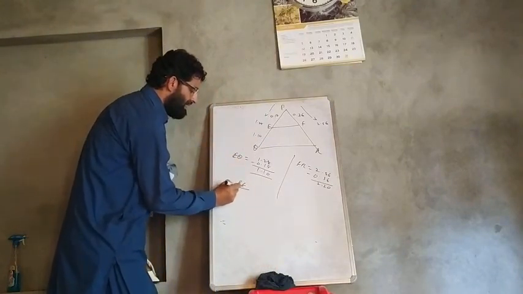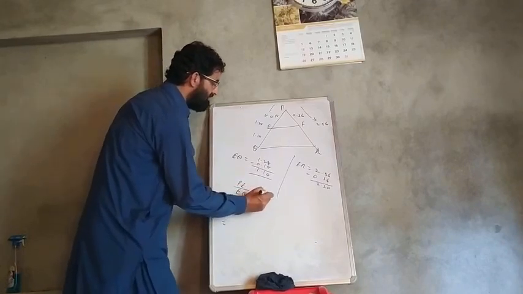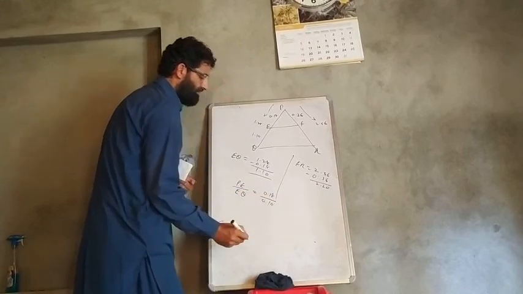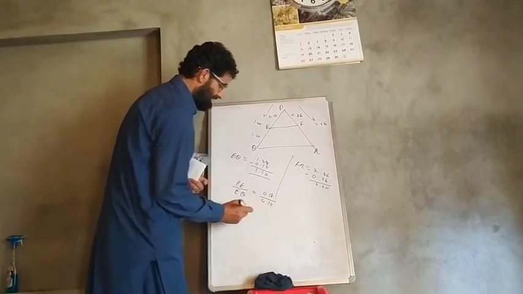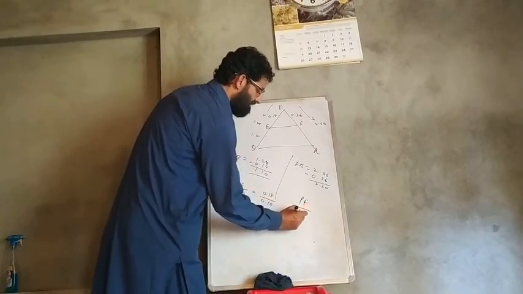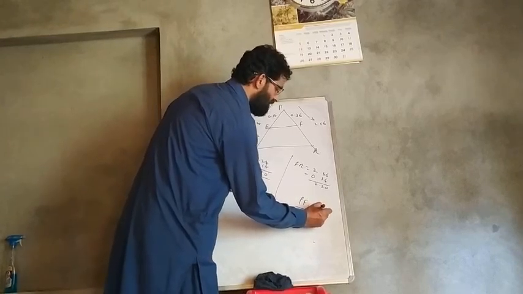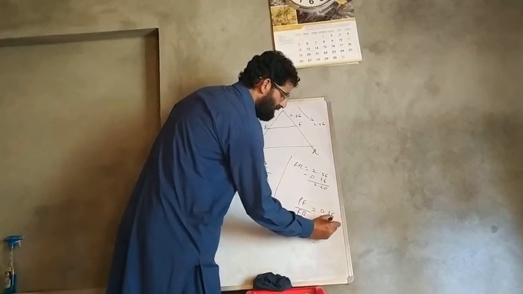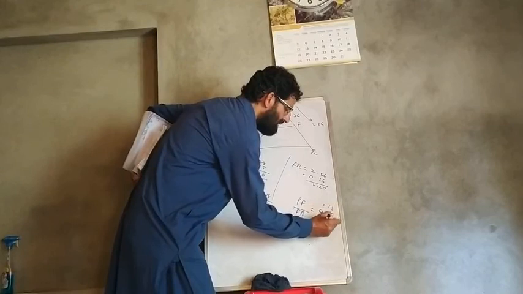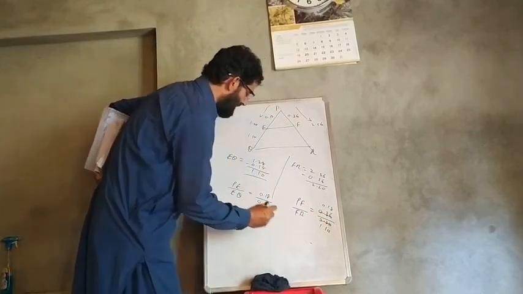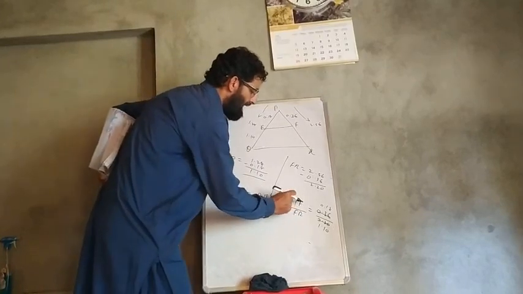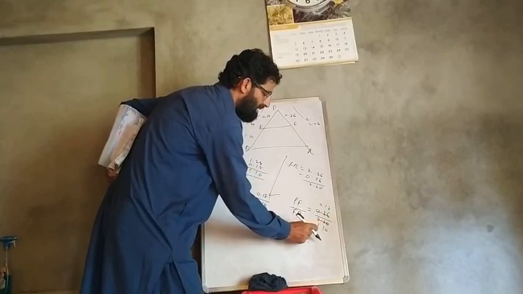Now let's find the ratio. PE divided by EQ is 0.18 divided by 1.10, and PF divided by FR is 0.36 divided by 2.20. So the ratio is same.